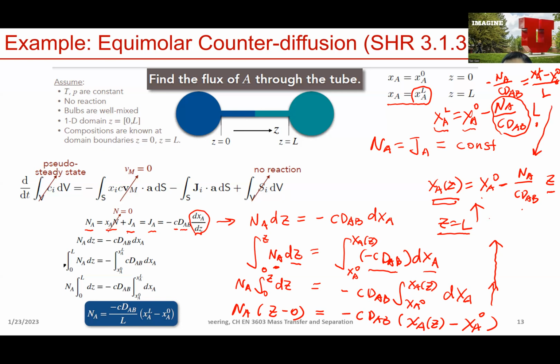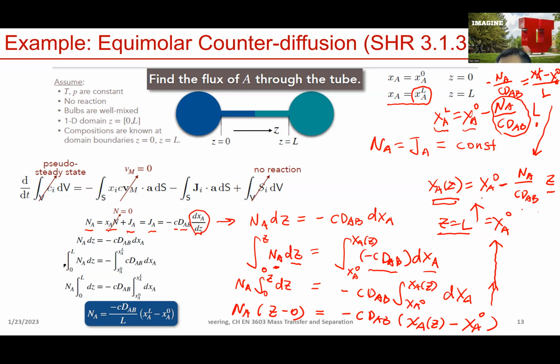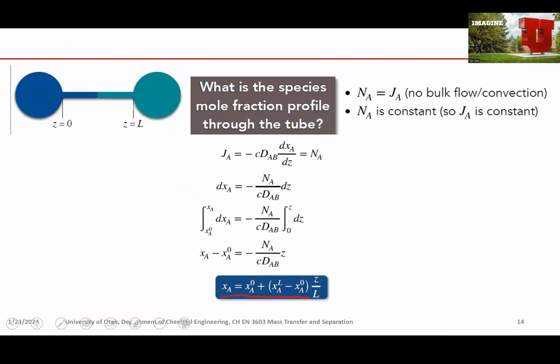So then this equation becomes XA0 minus XAL minus XA0 multiplied by Z. Okay, good. And that is basically what we have here. All right, that's this equation.